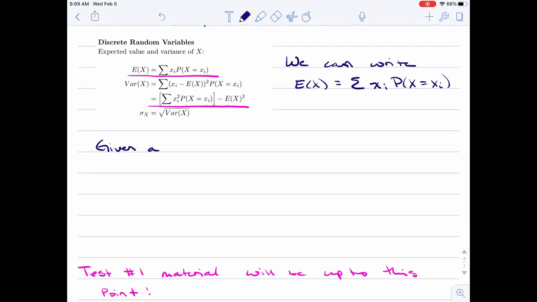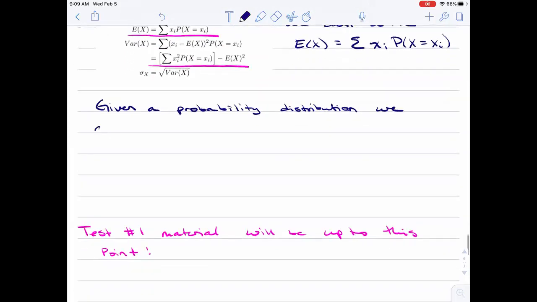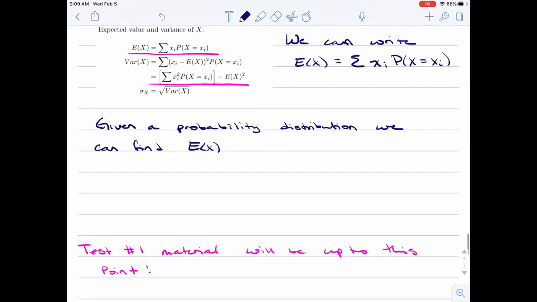So given a probability distribution, we can find the expected value of x as well as the variance of x. And then you could take the square root of the variance to find the standard deviation, but we'll stick to the variance for now.